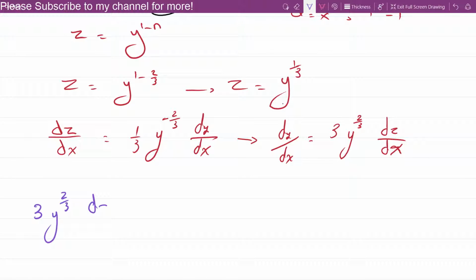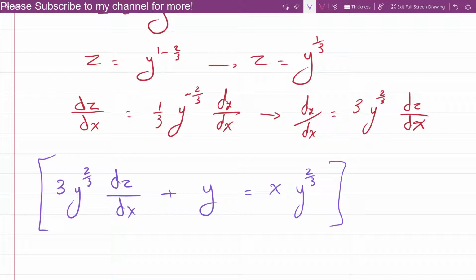Now y to the 2/3, let me leave it as y to the 2/3, and then I will divide this entire differential equation by 3y to the 2/3. So divide everything by 3y to the 2/3.